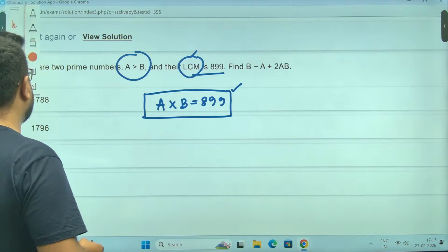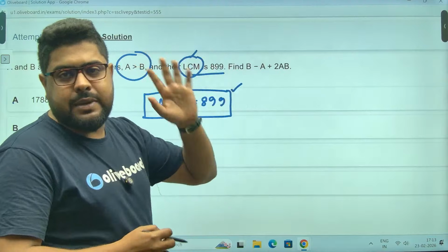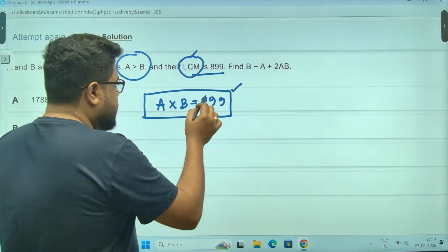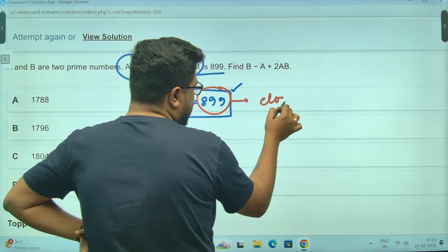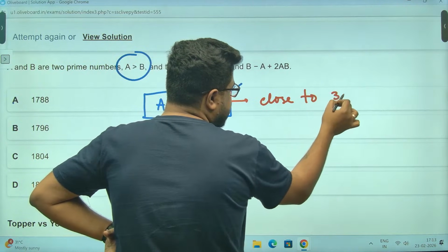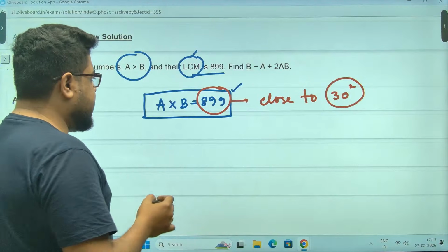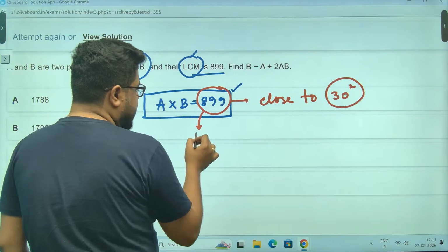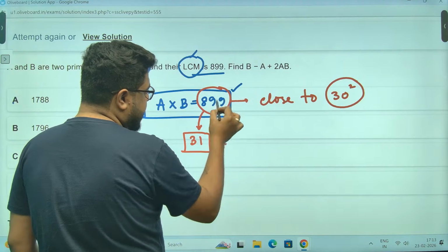Again, we will need to use trial and error. But A and B both need to be prime numbers. And for a two-number multiplication, this is very close to 30 square, and 30 square is 900. The next number after 30 which is a prime is 31, and the previous one is 29.